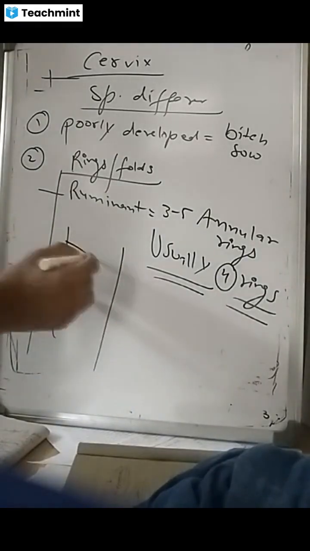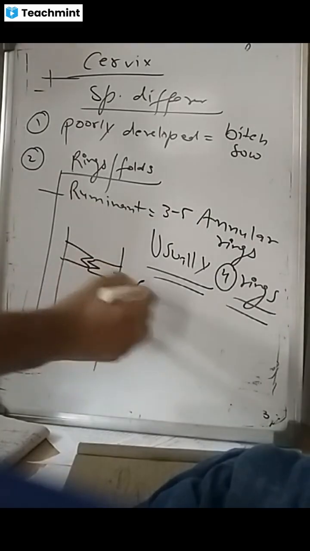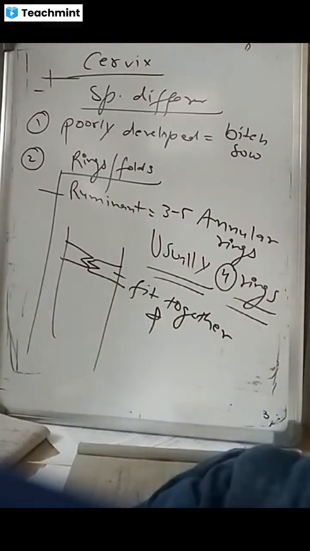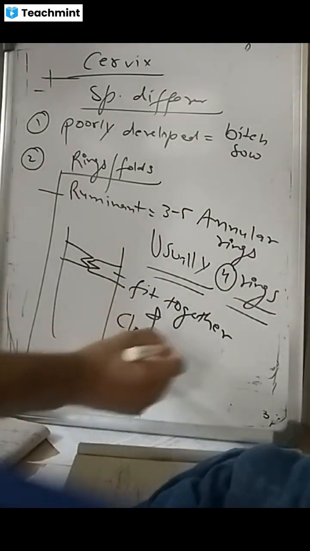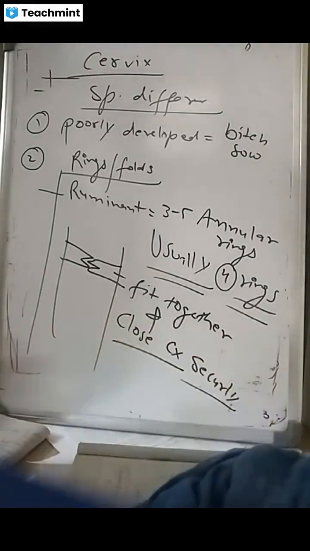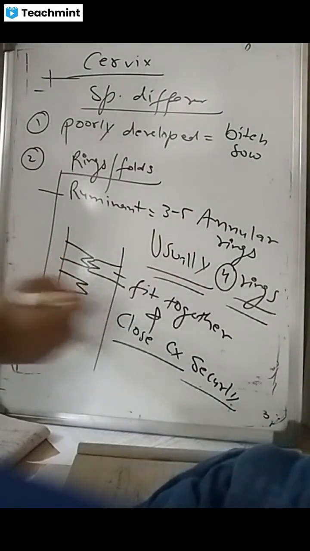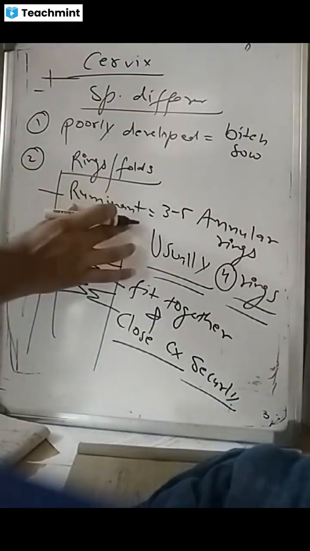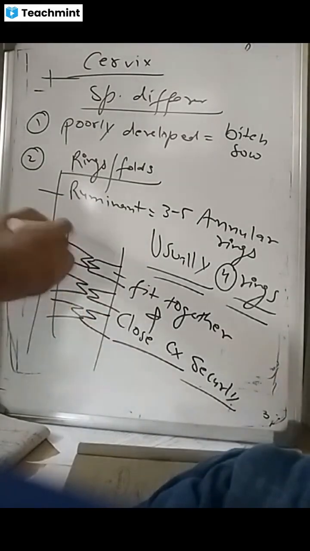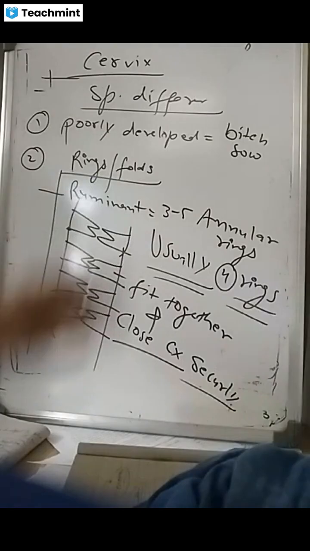The role of these rings is that they fit together and close the cervix very securely. This is the cross section. In case of ruminants, usually 4 rings are there, and they will close.